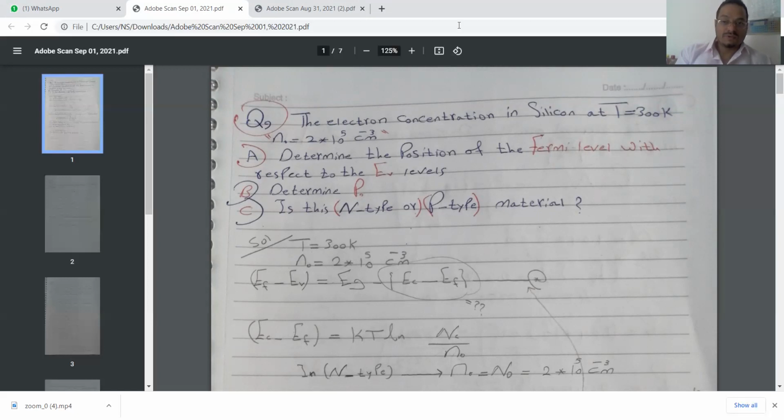That means this will be the main equation we depend on to solve requirement A.